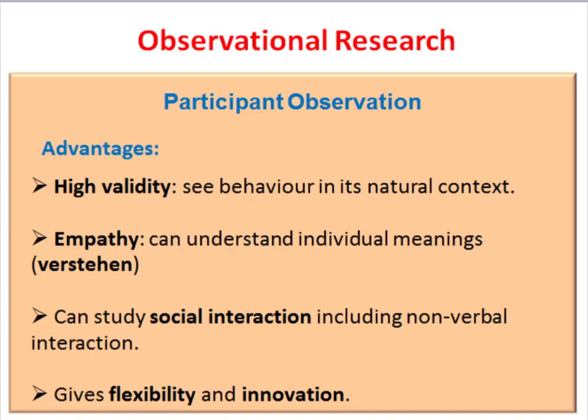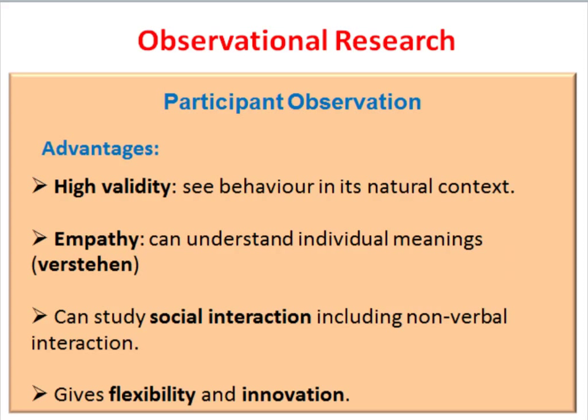And participant observation has some real strengths as a research method. It's potentially very high in validity because you're seeing behaviour in its natural context, because you get a depth and context that you wouldn't get from other methods. Arguably, this produces the most true-to-life data of any method in sociology. Also, it helps you achieve empathy.